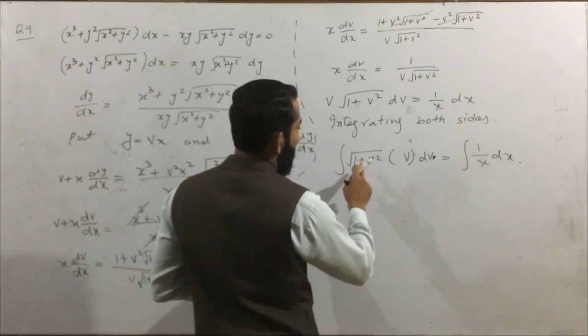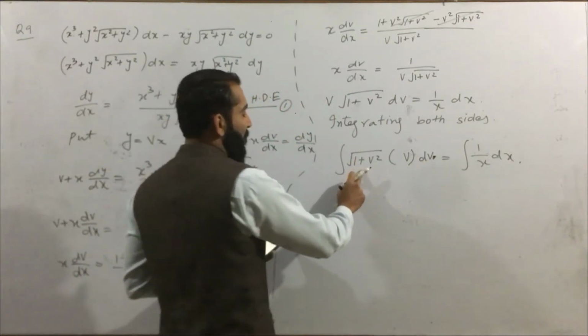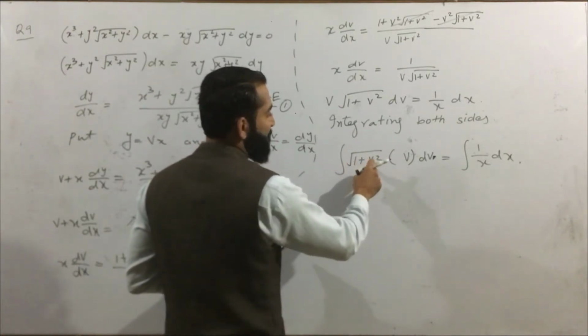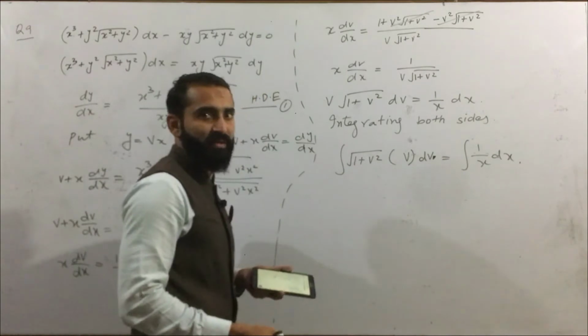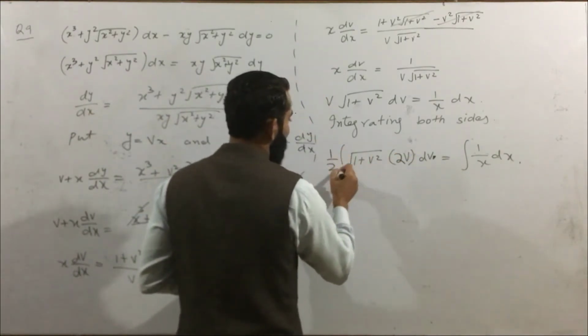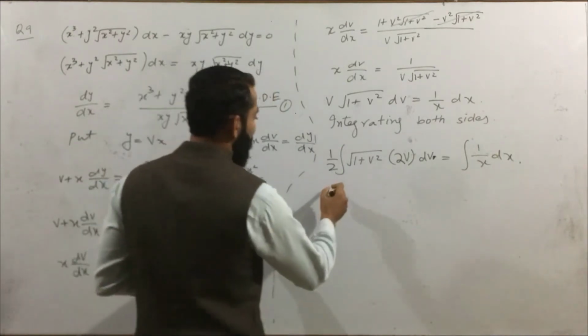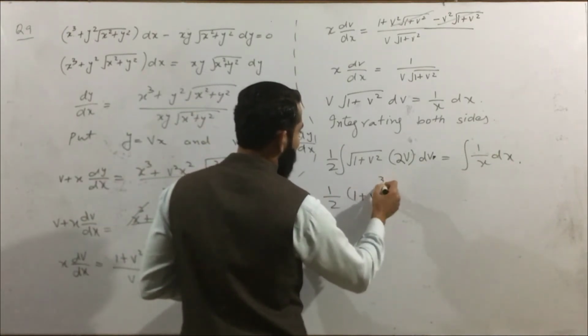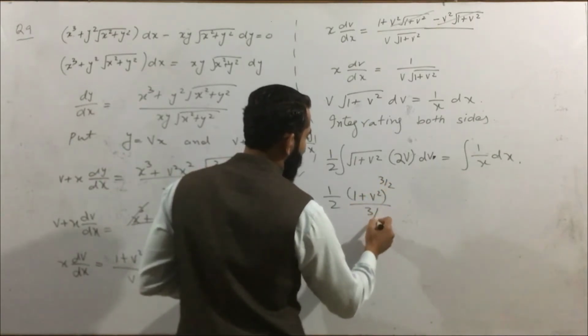Here we can use the power rule in this integral because the term without power is 1 plus v square, and the derivative of 1 plus v square is 2v. We can generate 2 here by multiplying with 2 and dividing by 2. Now we can apply the power rule, 1 plus v square raised to power 3 over 2 divided by 3 over 2.